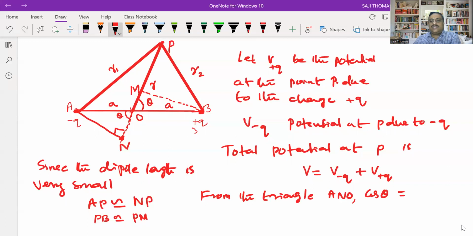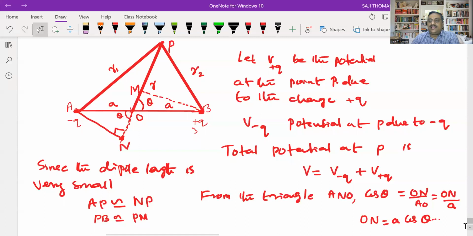The adjacent side of the angle is ON divided by the hypotenuse AO, and AO is a only. So ON by a, and we can write ON is a cos theta.